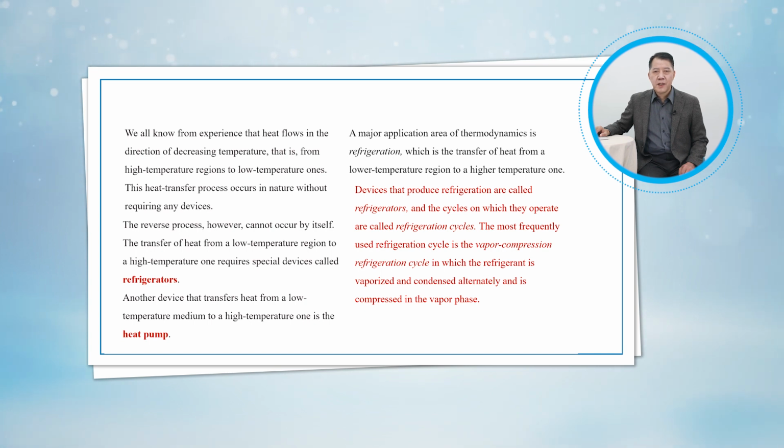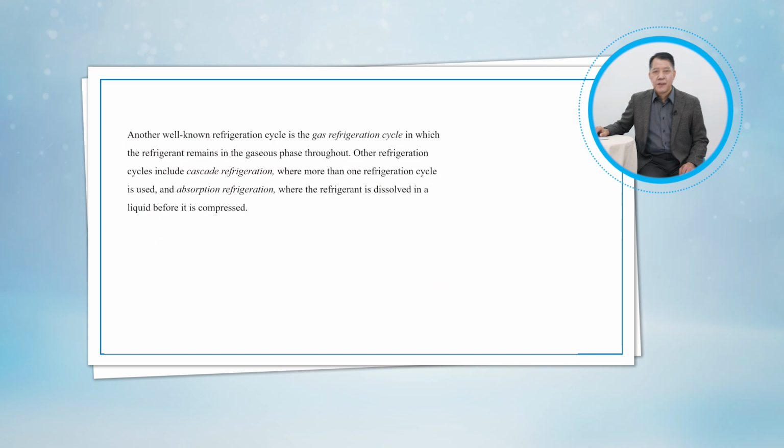The most frequently used refrigeration cycle is the vapor compression refrigeration cycle, in which the refrigerant is vaporized and condensed alternately and is compressed in the vapor phase.